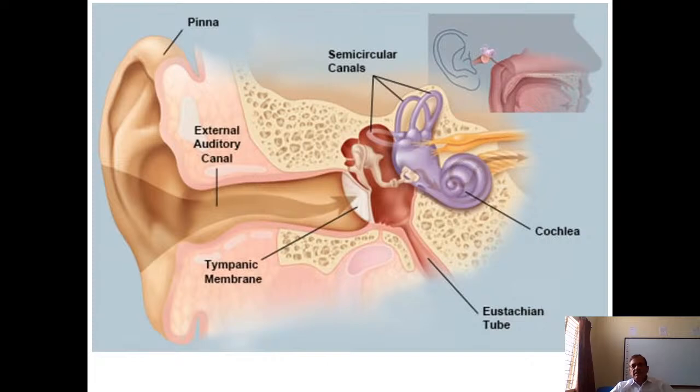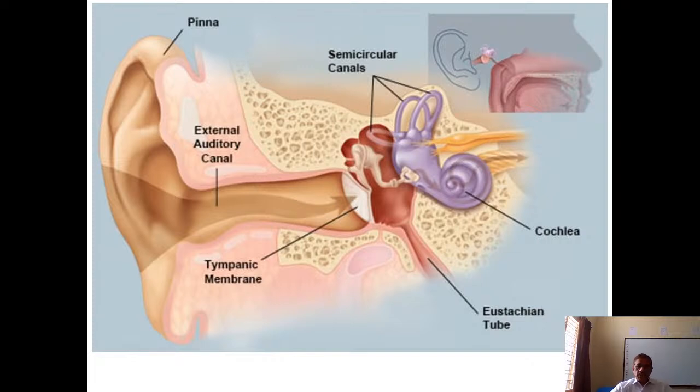The footplate of the stapes is the one which covers the oval window, and beyond the oval window, you have a chamber called scala vestibuli. And the inner ear has got three chambers: the scala vestibuli, scala media, and scala tympani. So the vibrations from the external auditory canal transmit via the ossicles in the middle ear cavity to the inner ear fluids.